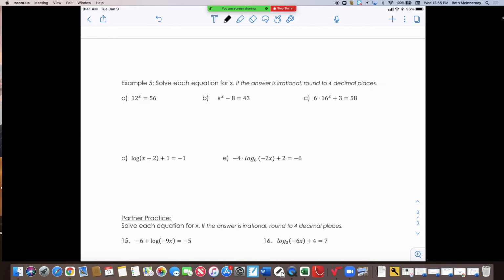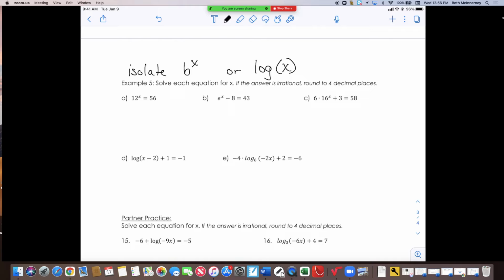Now, if you want to solve an equation, what you want to do is isolate b to the x or log x. Go ahead and write this down above example 5.